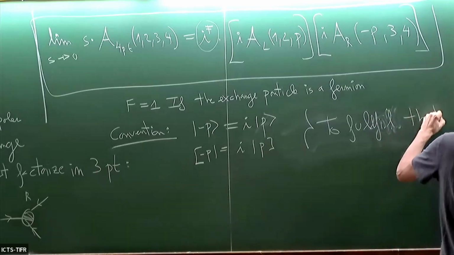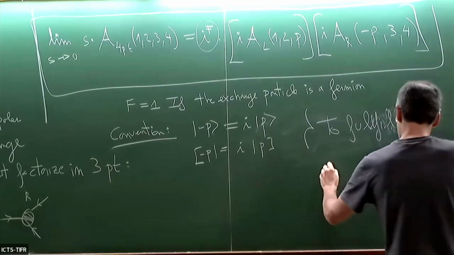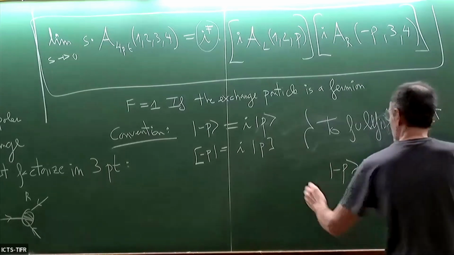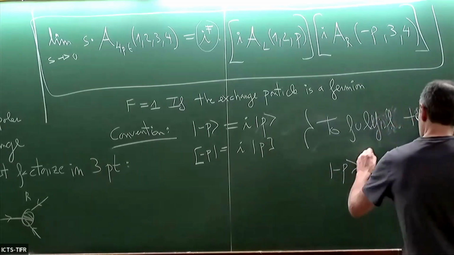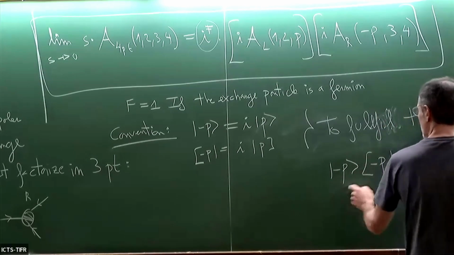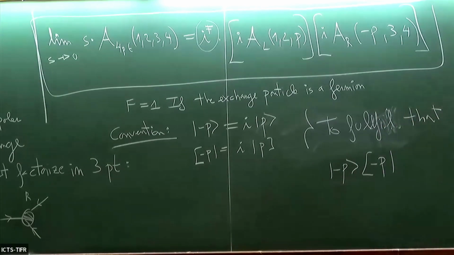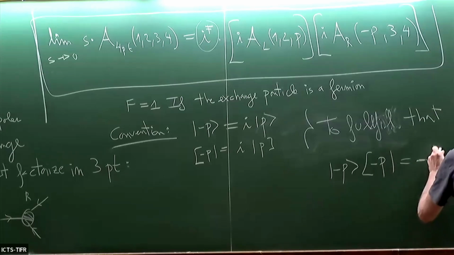Of course, if I write minus P, the product, which is the momentum, has to be minus P, P. This is a minus P, alpha dot, as we were talking.